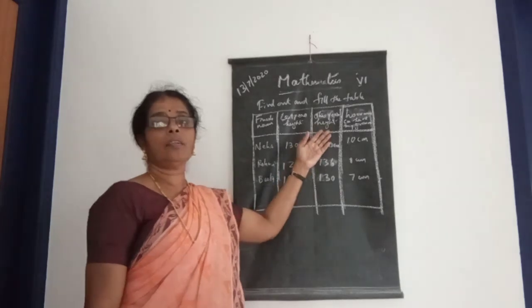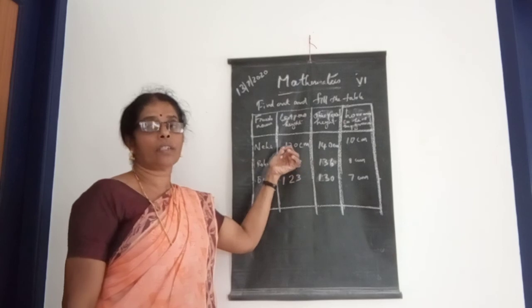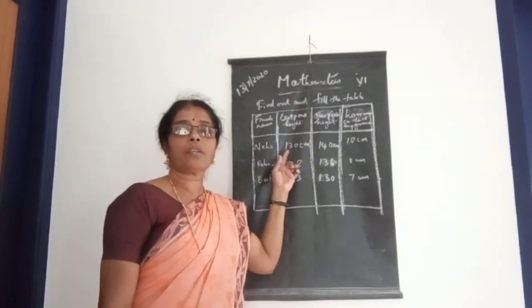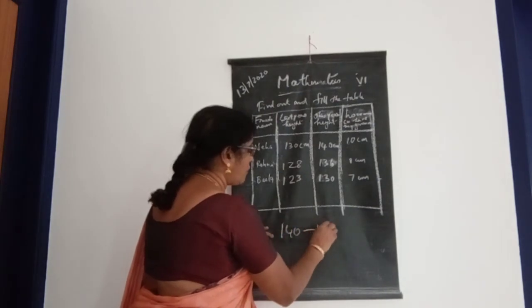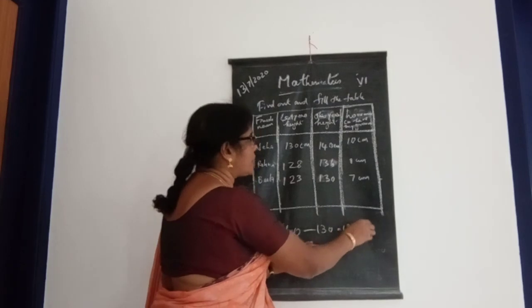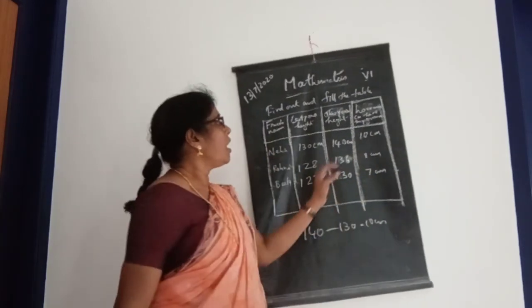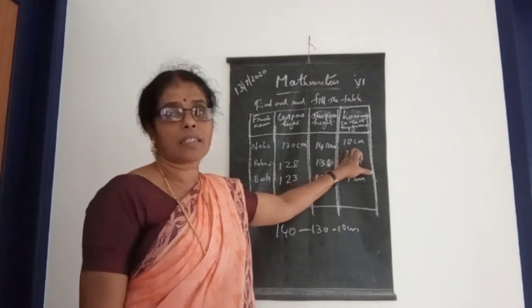This year she is 140 centimeter, but last year it was 130 centimeter. The difference is 140 minus 130. What is 140 minus 130, children? That is 10 centimeter, isn't it? So Neha has grown up 10 centimeter since last year.